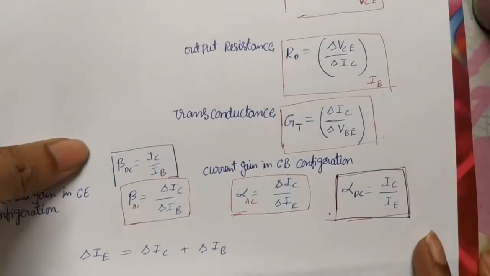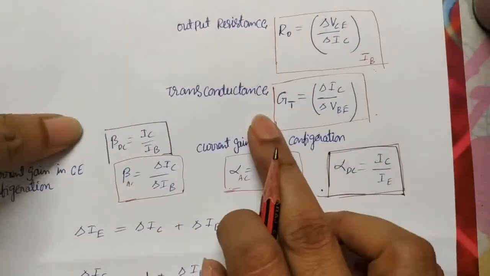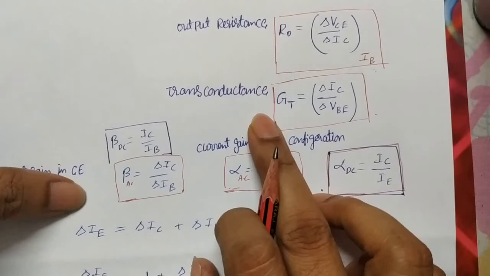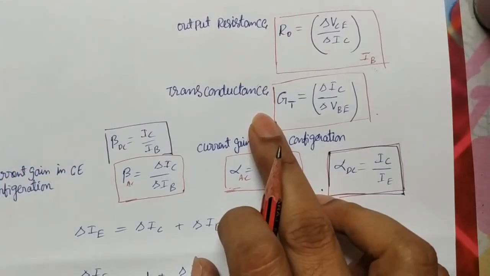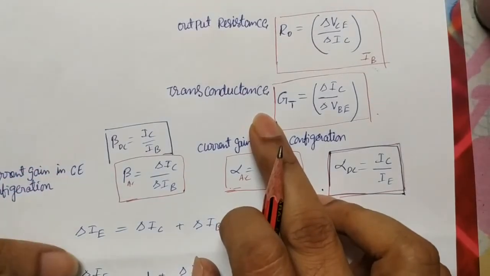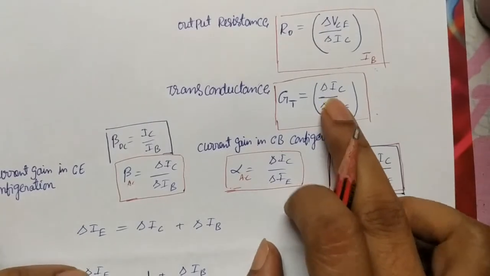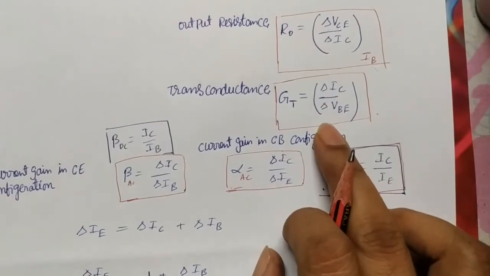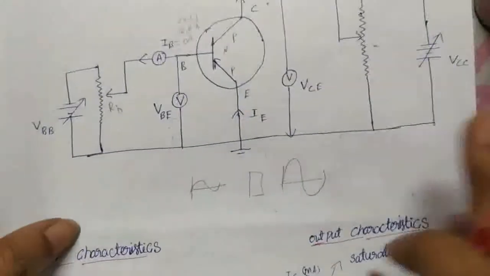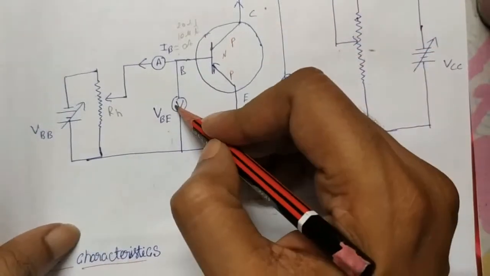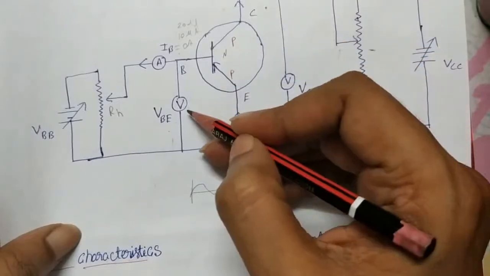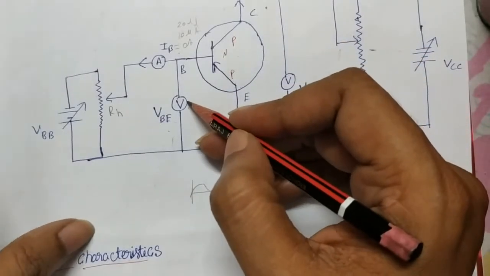And the next one, transconductance. What does transconductance mean? It is the change in the output current by the change in the input voltage. Output by input, not belonging to the same side. You see, output current by input voltage. This is what you call transconductance. Why do they use the term trans?